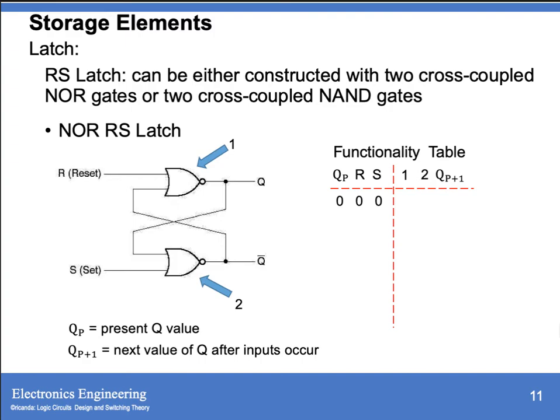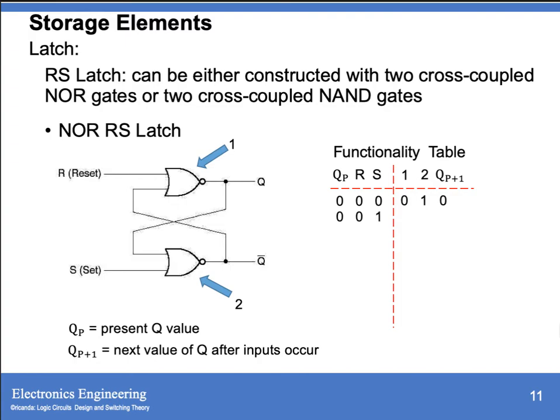If your previous output is 0 and your S is also 0, then performing the NOR truth table of 0 NOR 0, your NOR 2 is equivalent to 1 and your NOR 1 is equivalent to 0, because the output of NOR 2 is 1, NOR with 0, therefore it is 0. So QP plus 1, the next value of our Q which is connected to your NOR 1, is equal to 0.